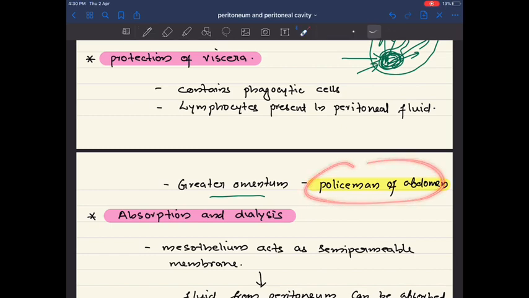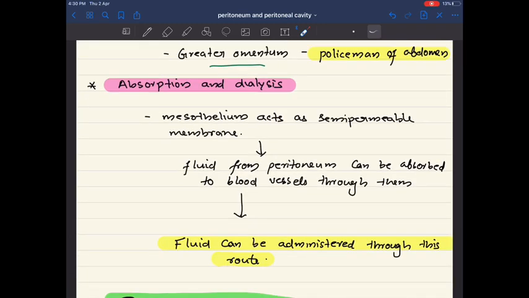Okay, what's the next function? Absorption and dialysis. I have mentioned mesothelium. Peritoneum has two layers, one is fibrous and the other is mesothelial cells. These mesothelial cells are semi-permeable, so the solvent can pass through them. So fluid from the peritoneum can be absorbed into blood vessels.